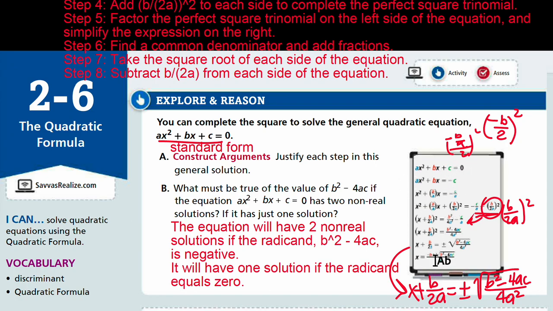You just solve for x using the standard form of the quadratic equation, and you get the quadratic formula. Okay, so I know you may not be able to understand everything right now as to how and why we're using the quadratic formula, but it will make more sense in the future as we use this.